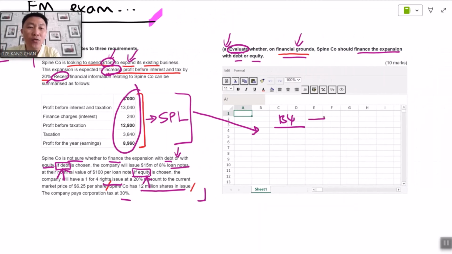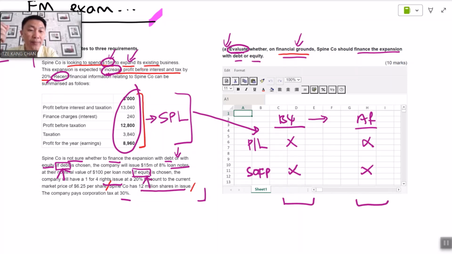Then you will have to come up with the next column, after the change, where additional financing has been raised, with all the adjustments as discussed earlier, based upon the components shown in the P&L extract, as well as the number of shares shown in the extract of the statement of financial position. Based upon these two sets of financial statement information, you will then be able to come up with some key performance indicators as discussed earlier.